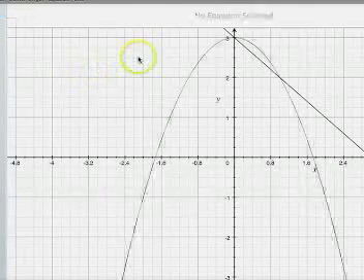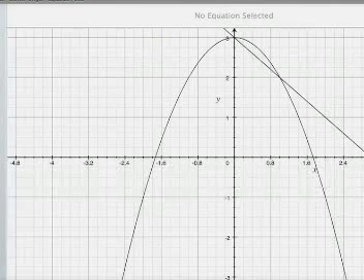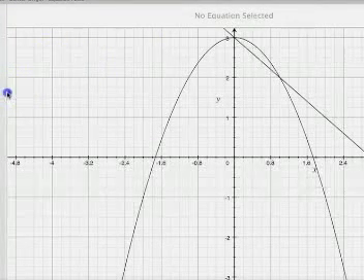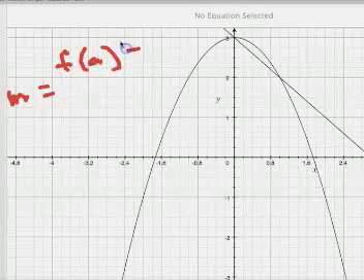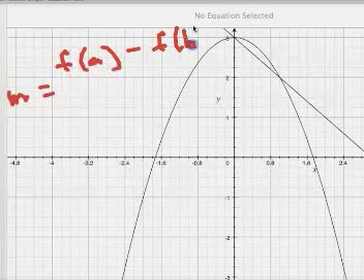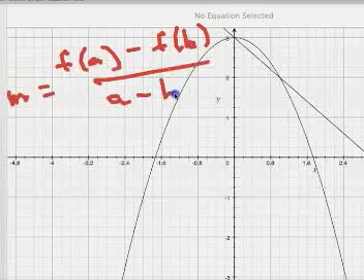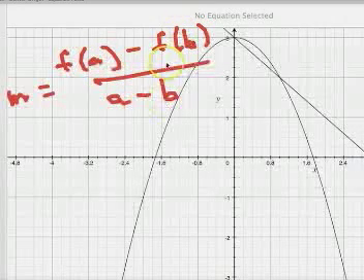And how do we find that slope? Well, we can use this nice and handy formula: m for slope is equal to f of a minus f of b over a minus b. It doesn't really matter what order a and b come in; it just matters that the a's line up and the b's line up.